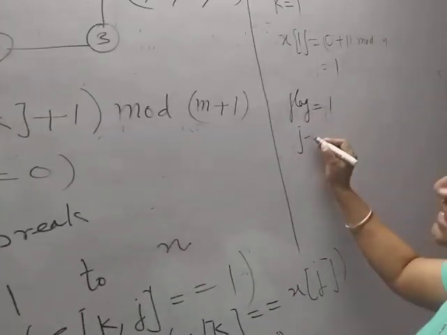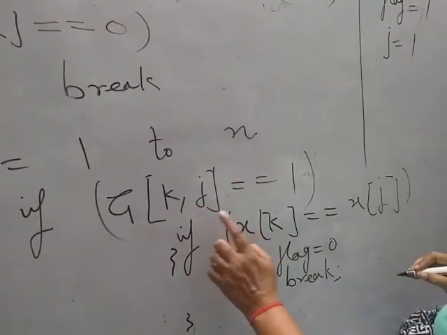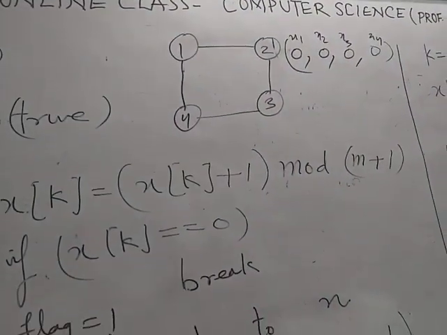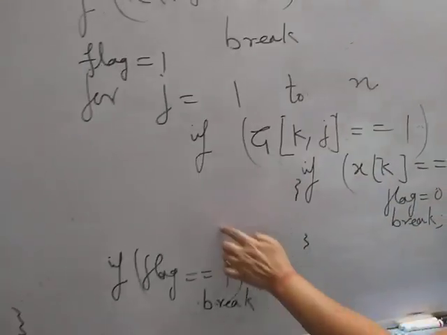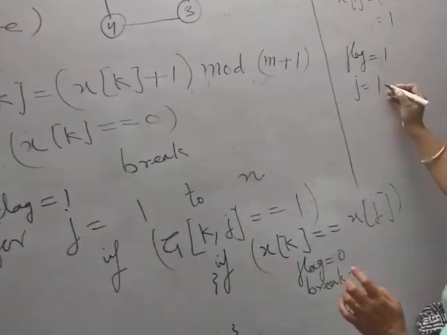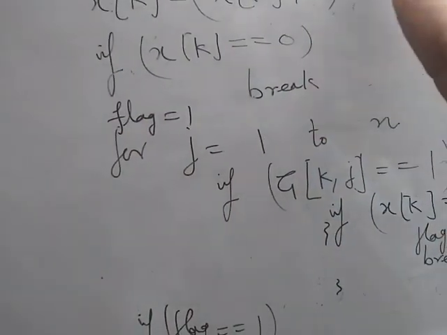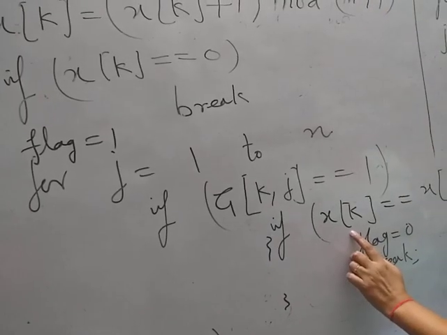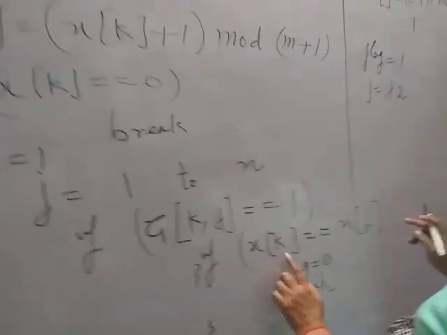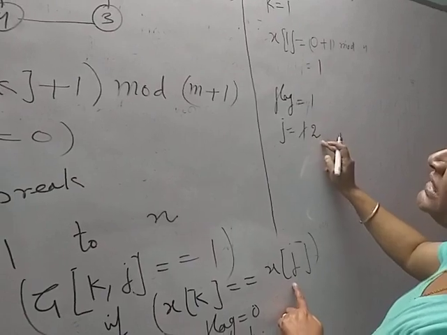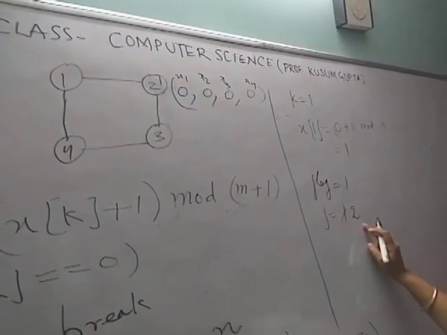The value of j is 1. G[k][j], k is 1, j is 1, so 1 1 is 0 in the adjacency matrix. There is no self loop, so this condition is false. Then the loop goes back and the value of j is 2. For 1 2, they are adjacent, so the condition is true. xk, that is x1, is 1 this time, and j is 2, that is x2. X2 is 0.